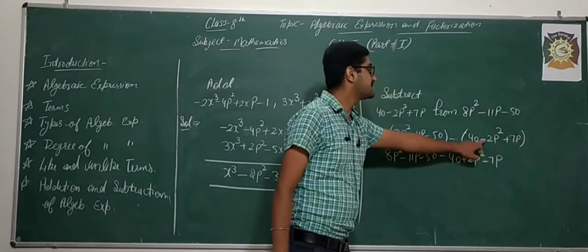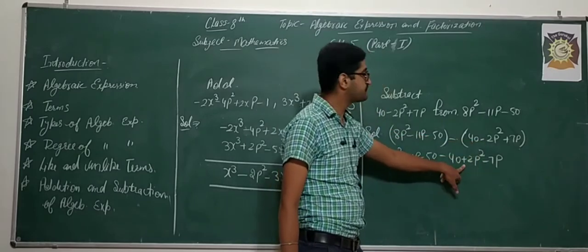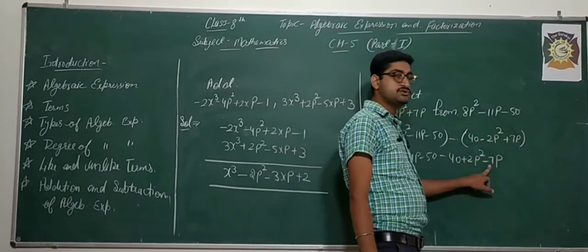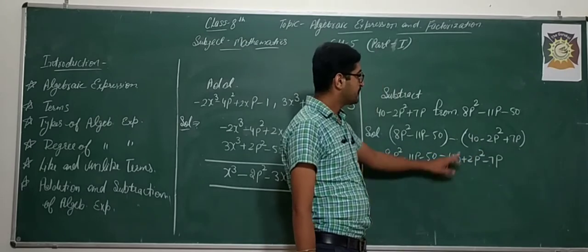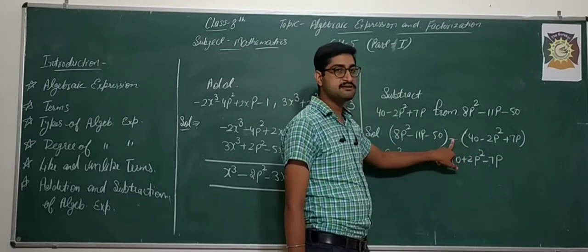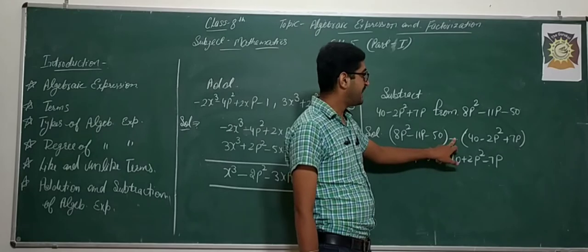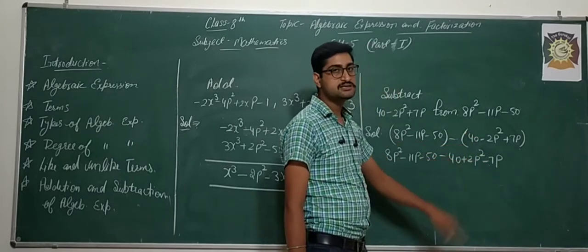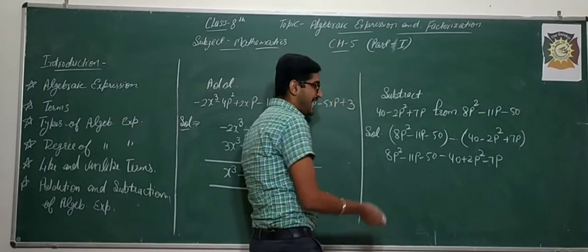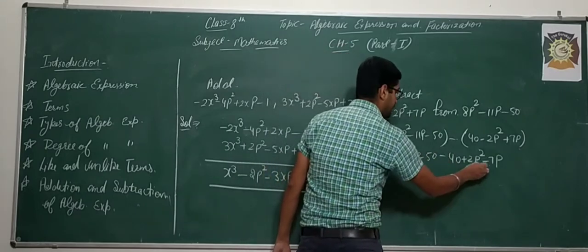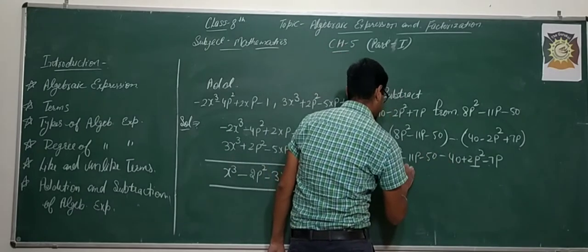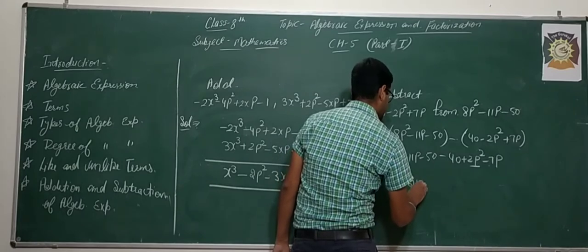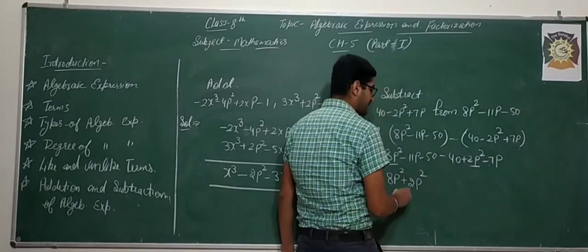Why is minus 2p square changed into plus 2p square and plus 7p changed into minus 7p? Because before the bracket there is a minus sign, and when there is a minus sign before the bracket, the terms will change their sign. Now add the like terms. You can see here 8p square plus 2p square, these are the like terms.